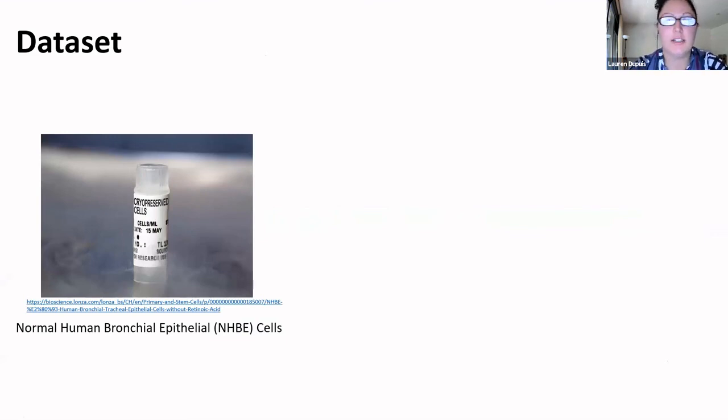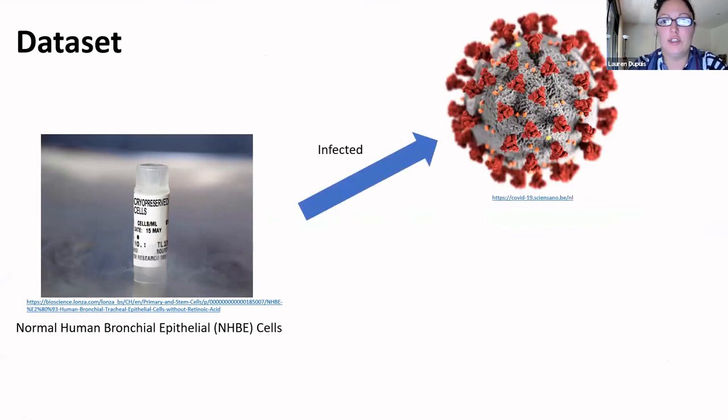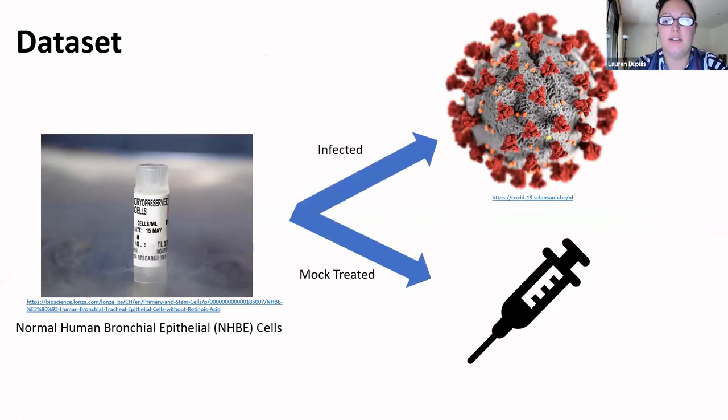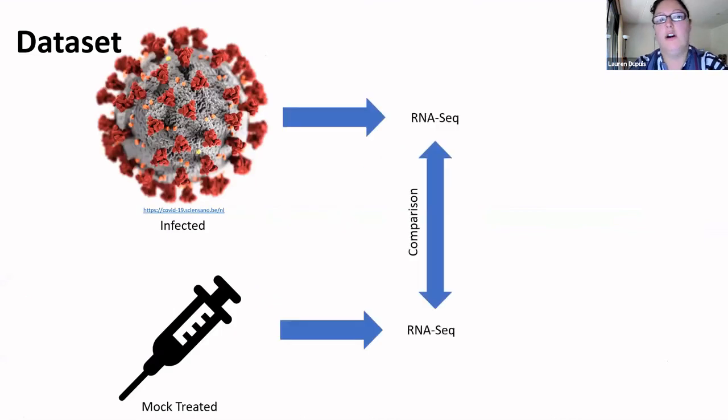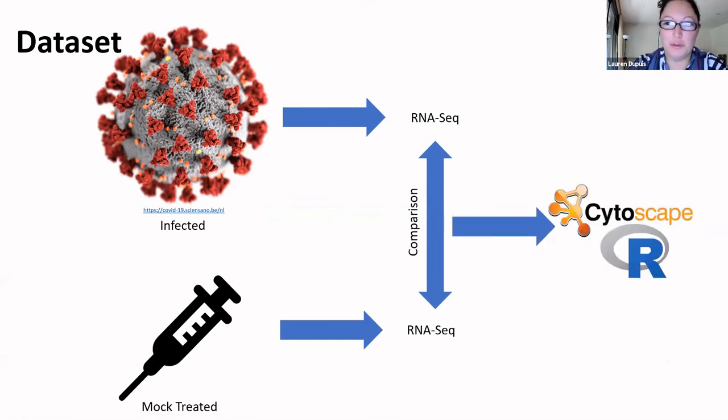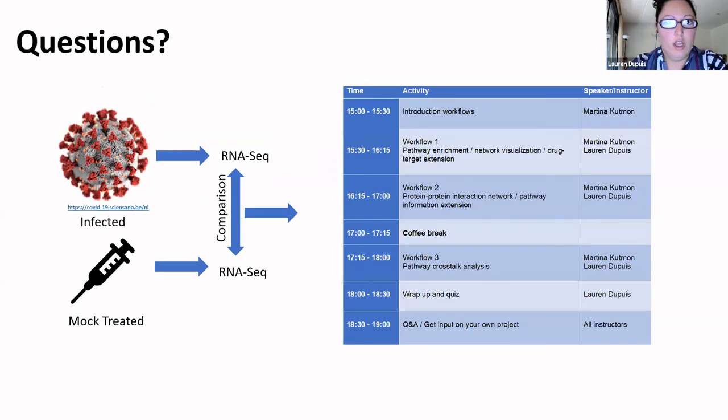There are 3 samples that are infected and 3 that are mock treated. These are put through RNA-seq, and we compare. Then we're going to run these workflows, where we have this automated Cytoscape and R analysis, applied in these 3 workflows.